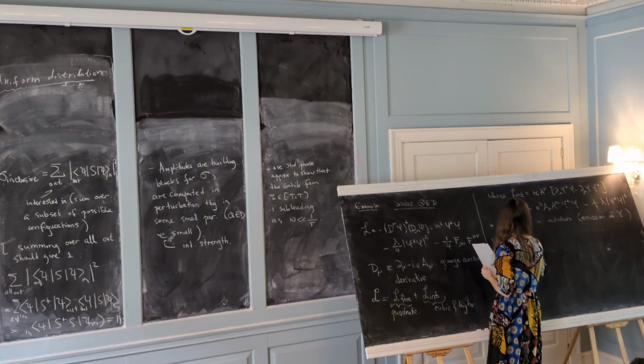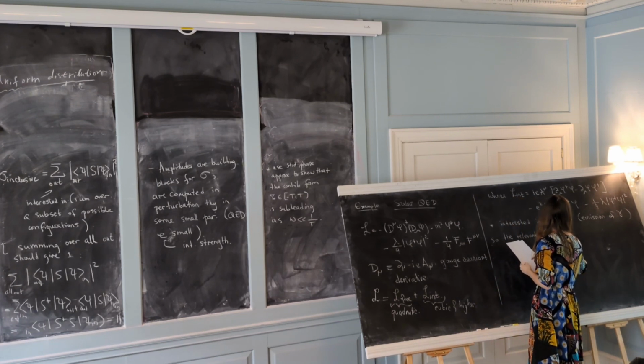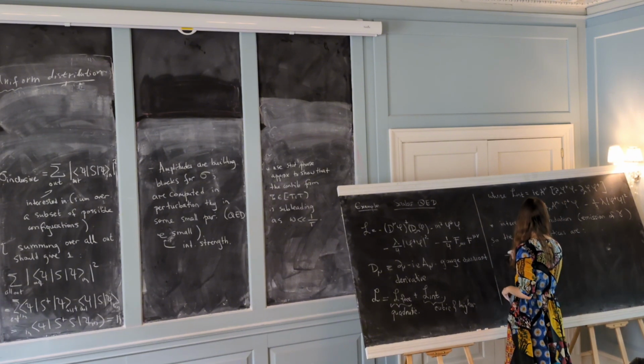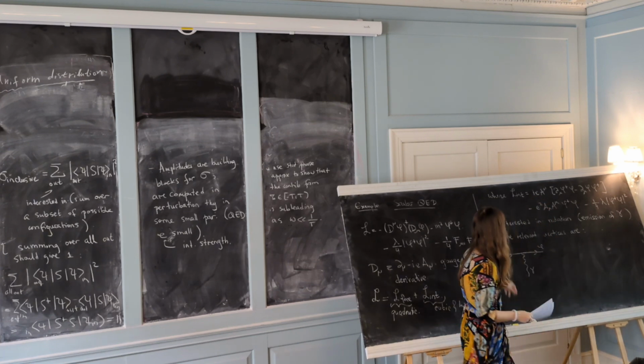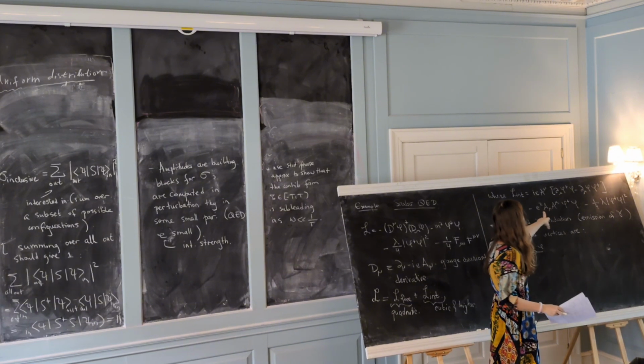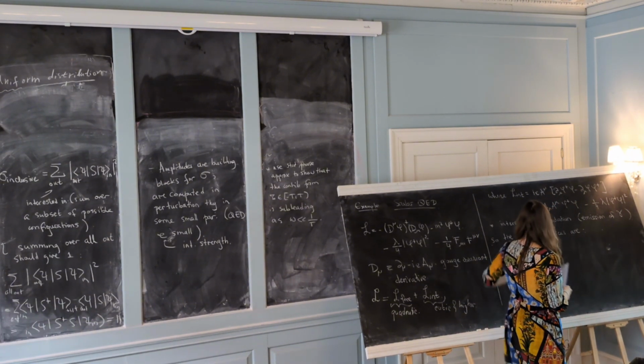the relevant vertices are the following. So we have one where we just have a photon emitted from matter, from one of these scalars.